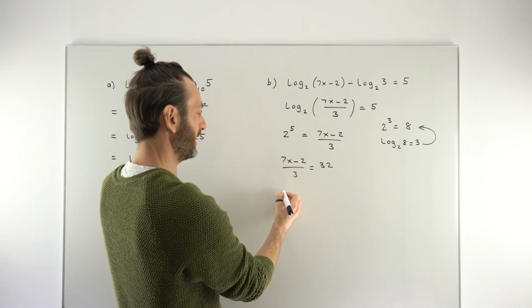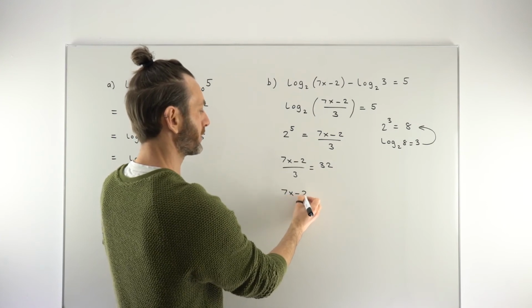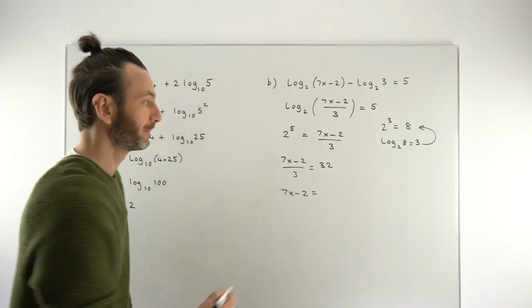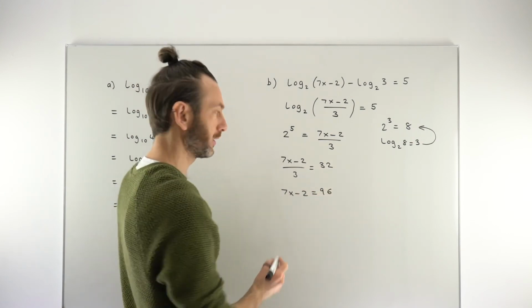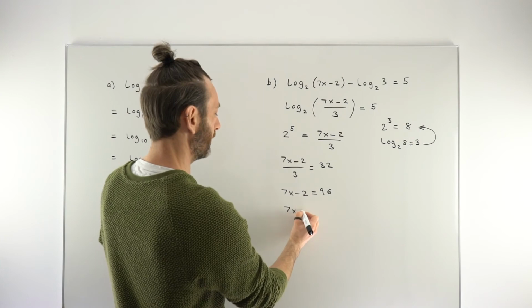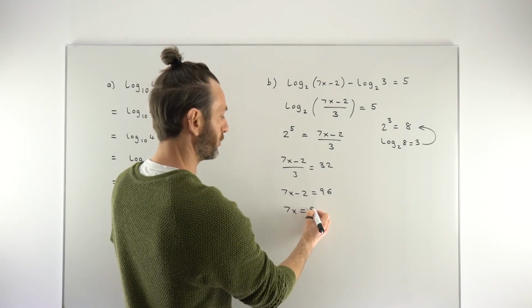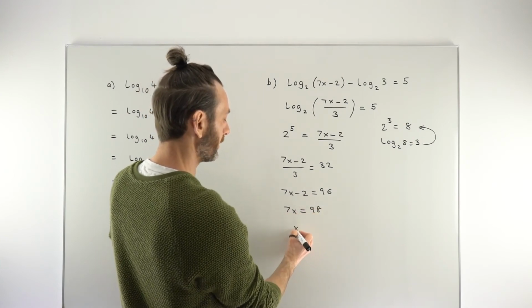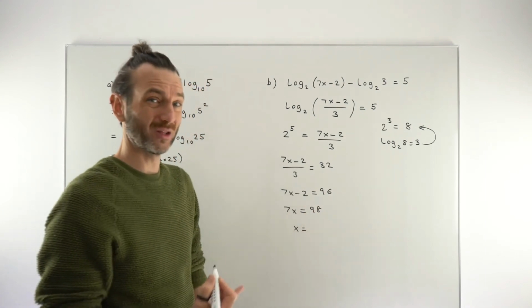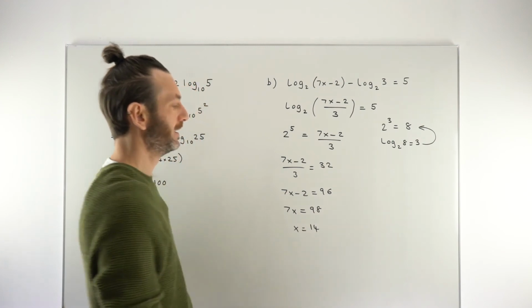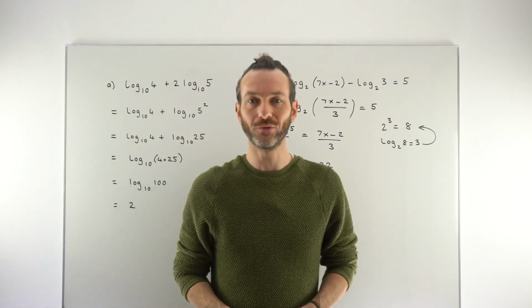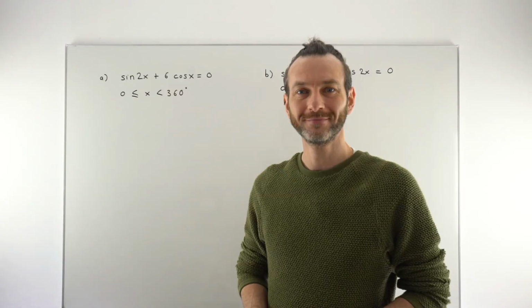Multiplying both sides by 3 to get rid of the fraction, so we're left with 7x minus 2 on the left. 32 times 3 is 96. And that would be 7x equals 96 plus 2, which is 98. Hopefully at this point it divides. If it does divide, that kind of suggests we've done it right. This will divide to give us 14, and that is the final answer for that equation.